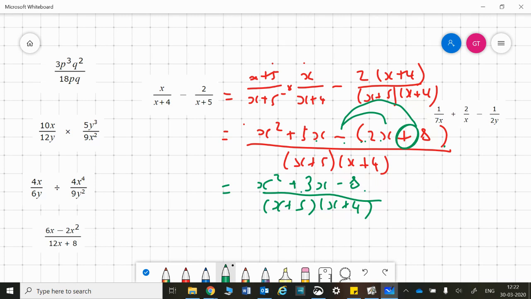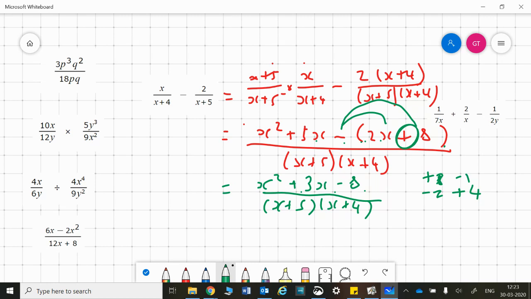We could have 8 and 1, but obviously I'd need a plus amount of 3x, so it would need to be a plus for the bigger number and a minus, but that's not going to add together to give 3x. Then I've got a 2 and a 4. Remember, the bigger number has to be positive there, so when we add those together, we get 3x. And then we're out of options. So in fact, that top quadratic does not factorize.